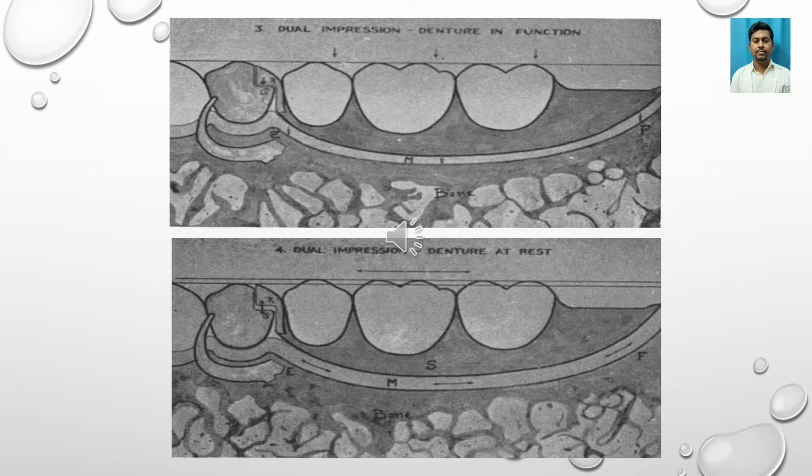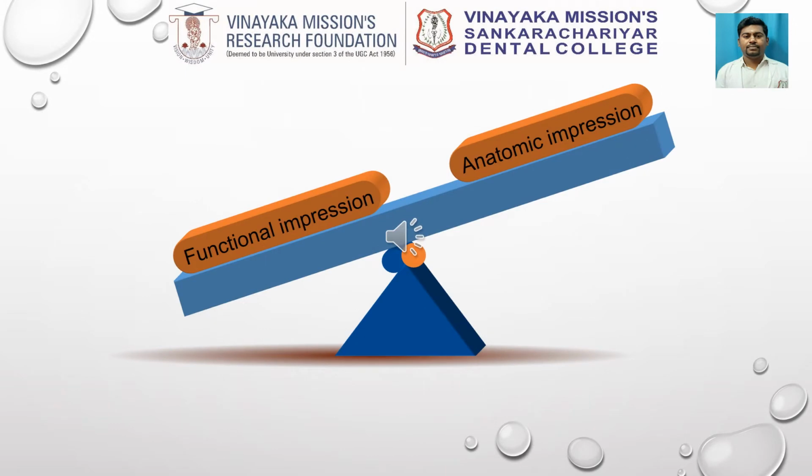The concept of resiliency has been achieved here because of the equilibration between the resilient and non-resilient zones of the residual alveolar ridge, so as to get uniform support. In a Kennedy class 1 or class 2 distal extension scenario, the scales are always tipped towards functional impression techniques. Hence, a special impression is mandatory.